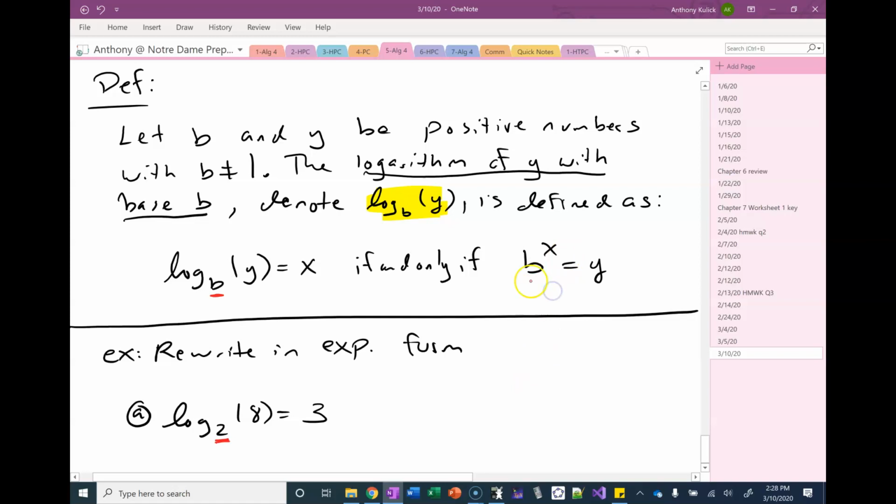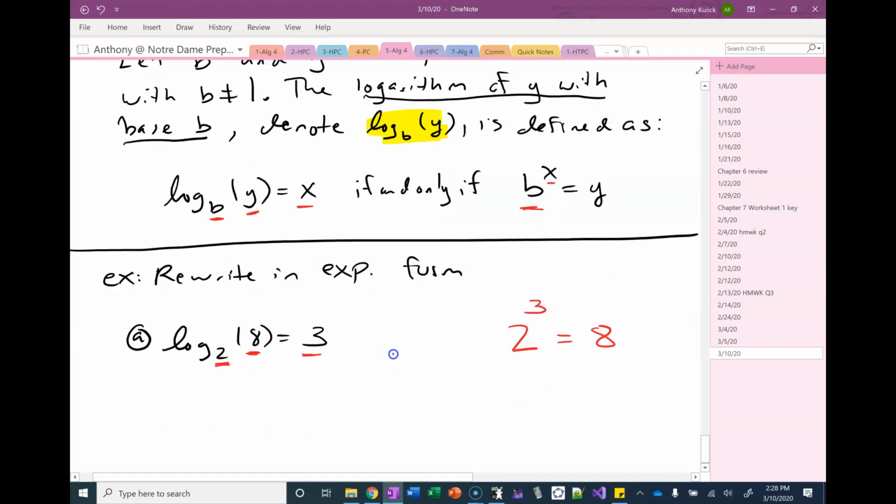So that's going to give me the base for my exponential. The y in my logarithmic equation is 8. So that's going to give me the solution to my exponential equation. And the x in my logarithmic equation is 3. So that's going to give me the exponent in my exponential equation. And if we look, is 2 to the third equal to 8? Does that make sense? Yeah, that's true.